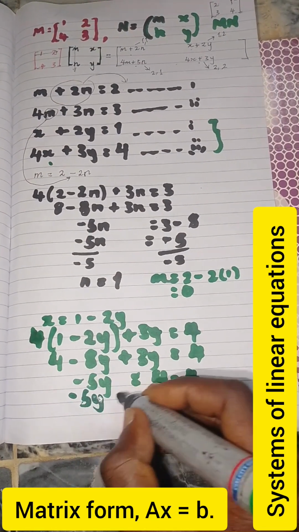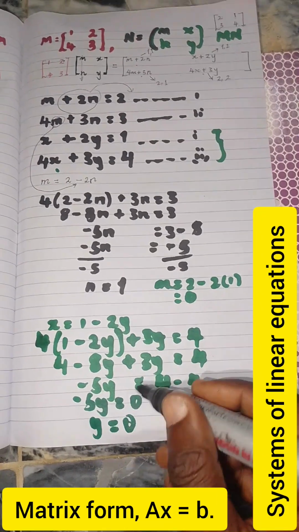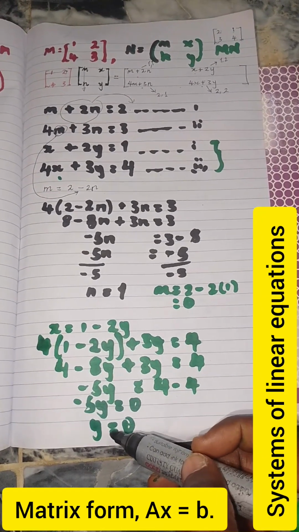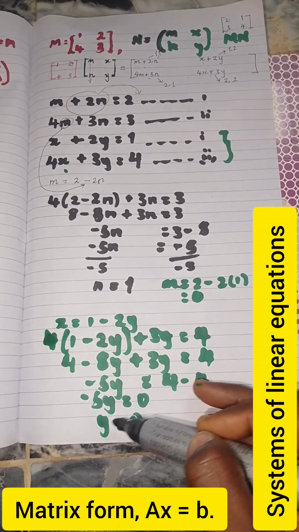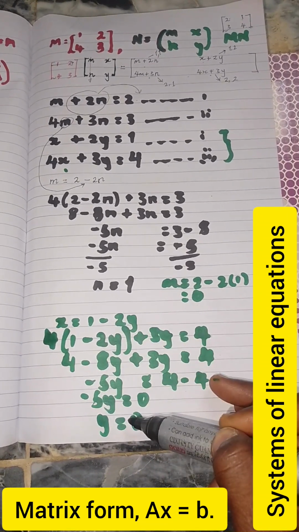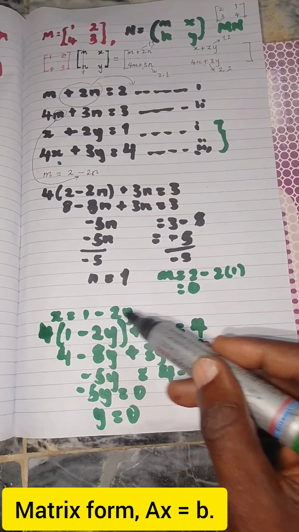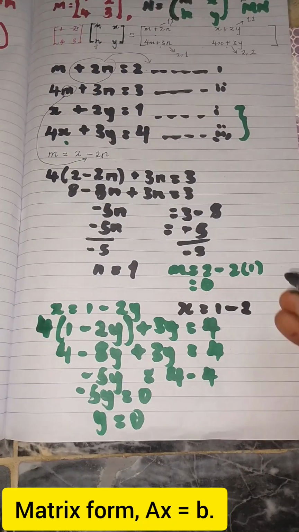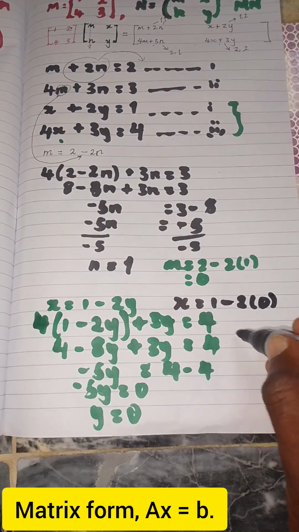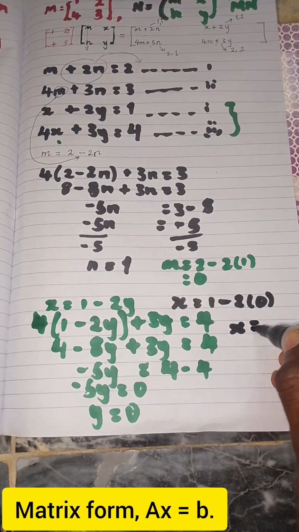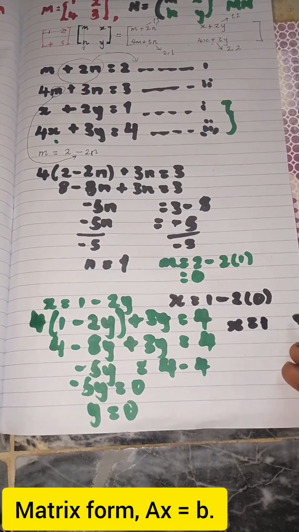Plug in y in this same equation, x equals 1 minus 2y. Since y is 0, x equals 1 minus 2 times 0, which is 1 minus 0.